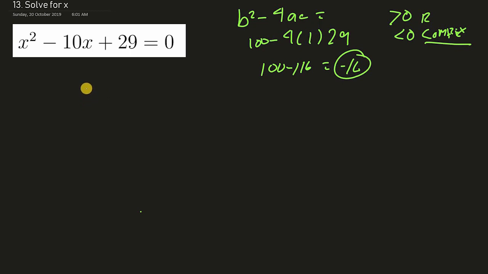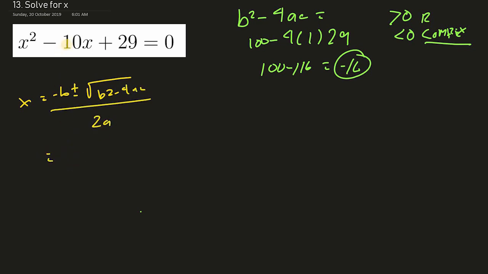To solve for this, the best possible way is using the quadratic formula. So, using the quadratic formula, x would be equal to negative b plus minus square root of ating discriminant, that's b squared minus 4ac, over 2a.